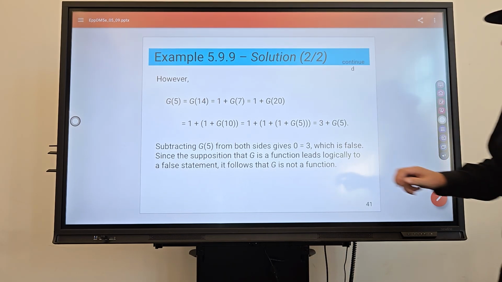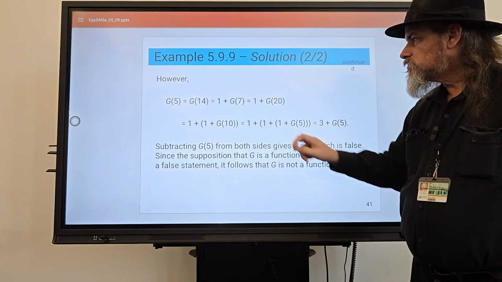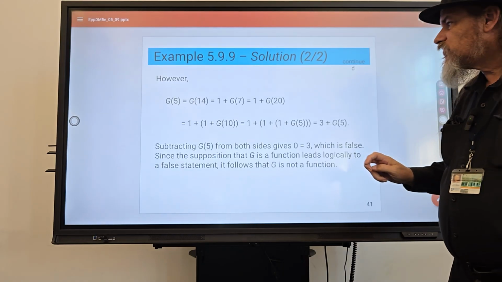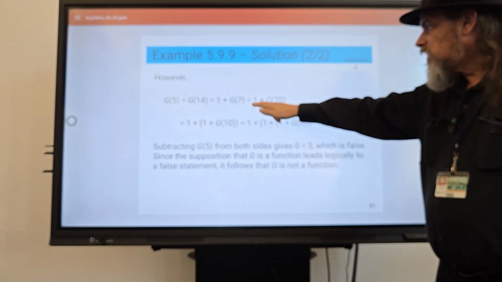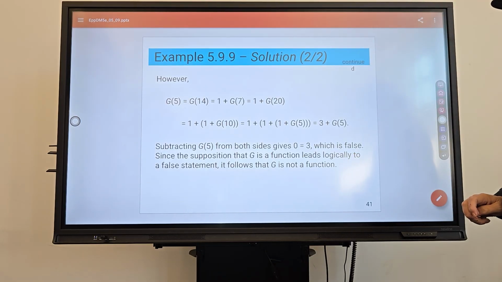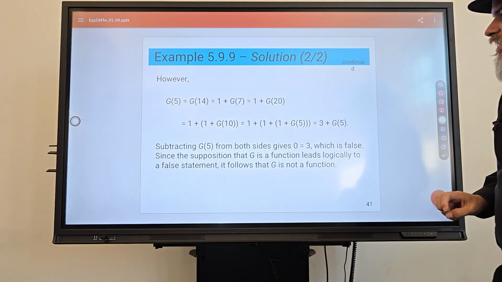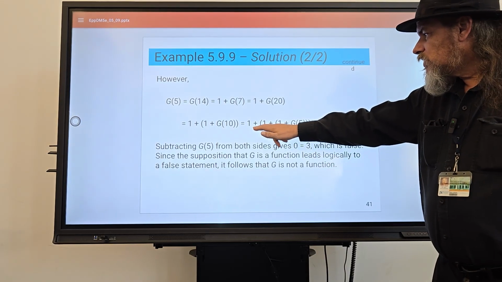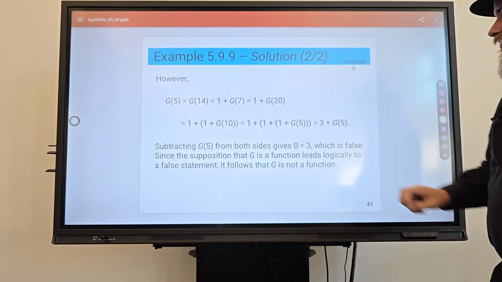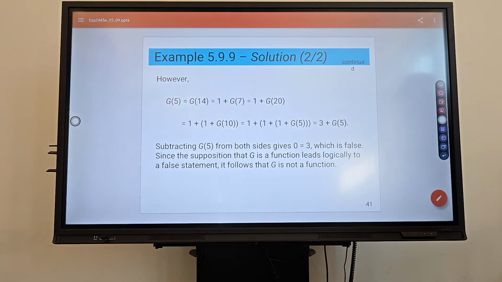G of 5 would be G of 14, which is equal to 1 plus G of 7, which is equal to 1 plus G of 20, which is equal to 1 plus G of 10, which equals 1 plus 1 plus 1 plus G of 5, which is equal to 3 plus G of 5.